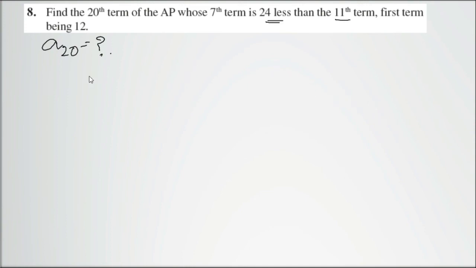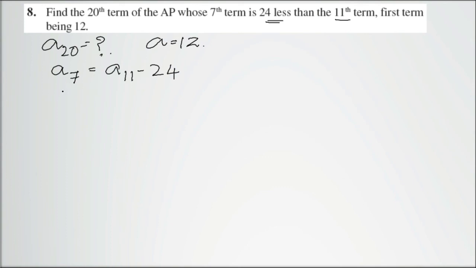What does it mean? It means that A7 is A11 minus 24, 24 less than the 11th term. And the first term is 12. It means the value of A is given as 12.